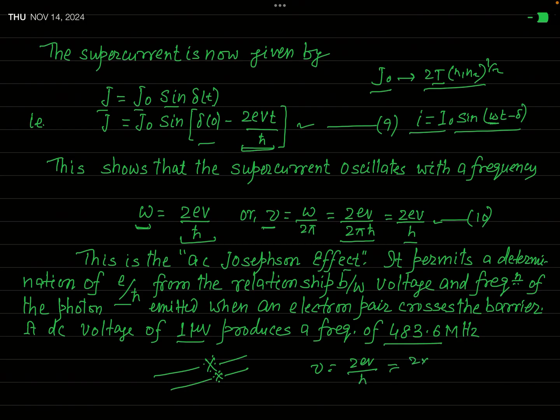Substituting 2 times 1.6 times 10 to the power minus 19, V as 10 to the power minus 6, and dividing by Planck's constant, 6.63 times 10 to the power minus 34, after simplification you get 483.6 times 10 to the power 5 hertz, that is, 483.6 megahertz.